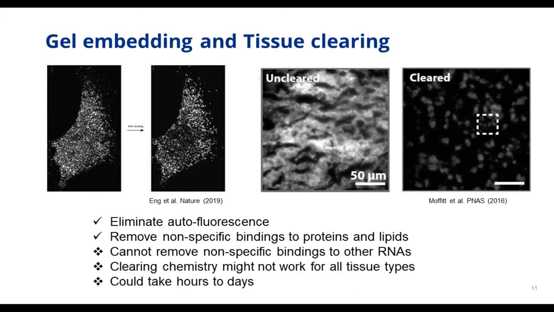But this approach has some drawbacks: you cannot remove non-specific binding to other RNAs, the clearing chemistry might not work for all tissue types, and sometimes the tissue clearing could take days to hours.